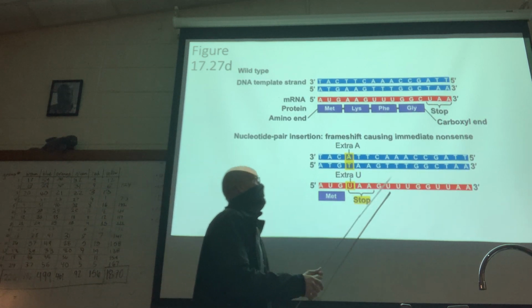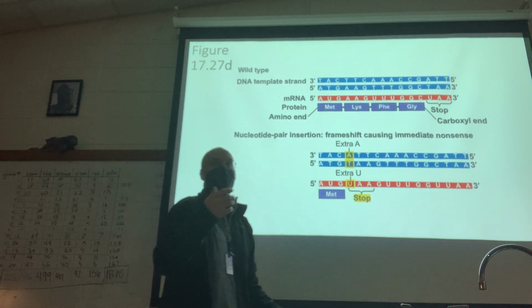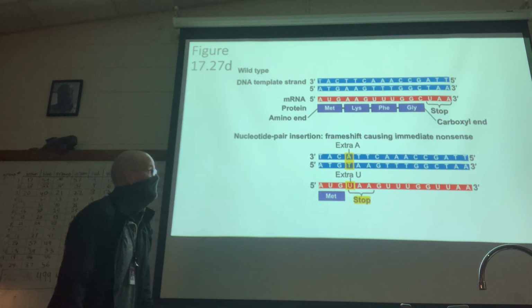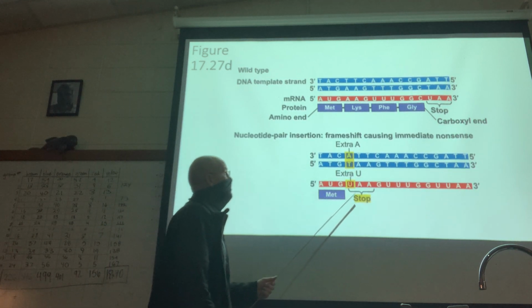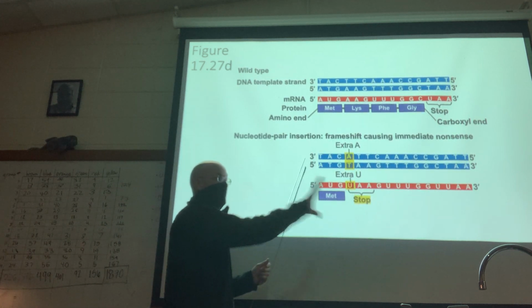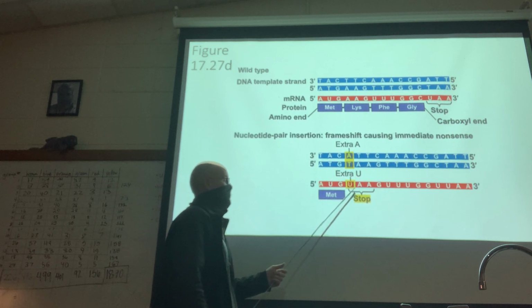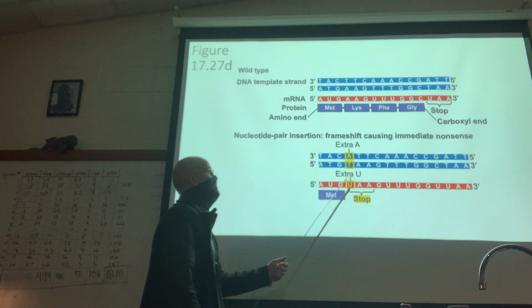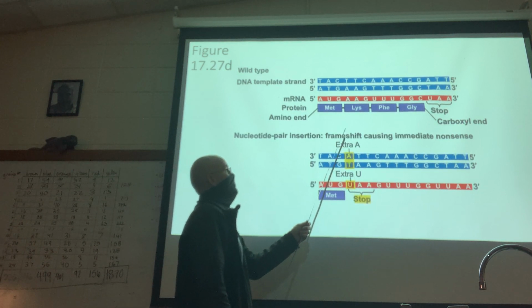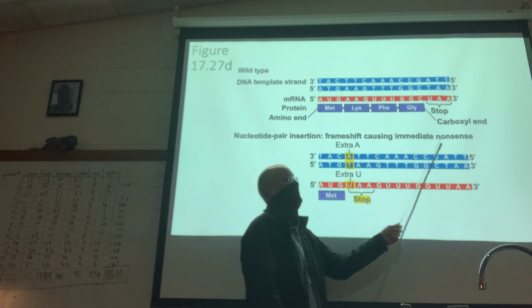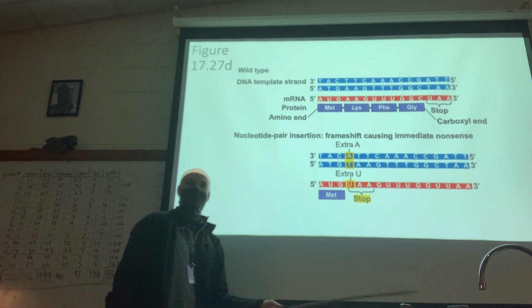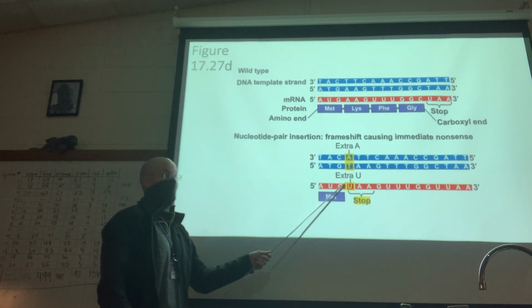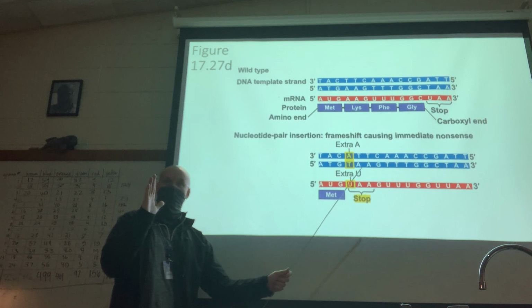So every codon after it can be affected. In this example, shifting all the letters down happens to make a UAA here, which is a premature stop. So it says here a frame shift causing nonsense, meaning we added a letter, it shifted our code by 1.